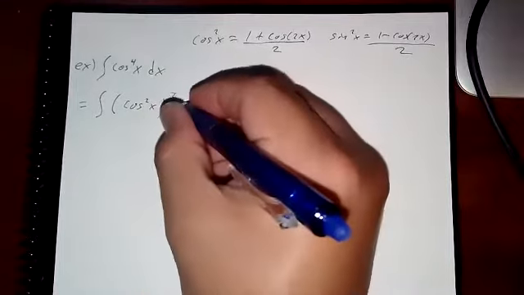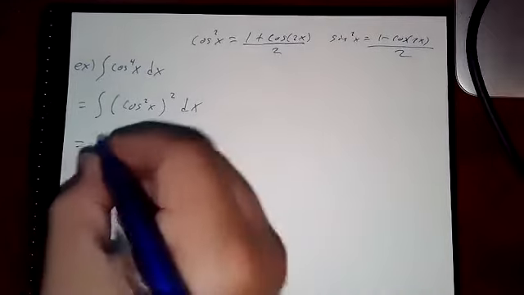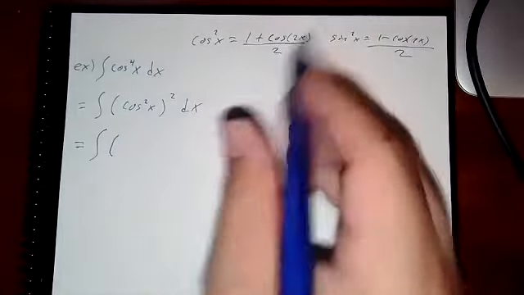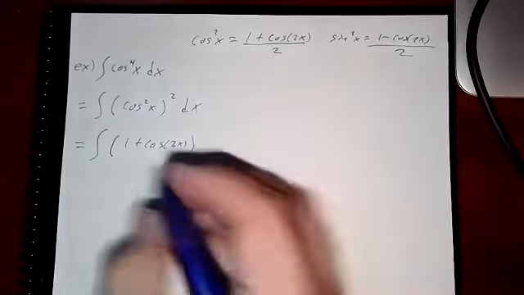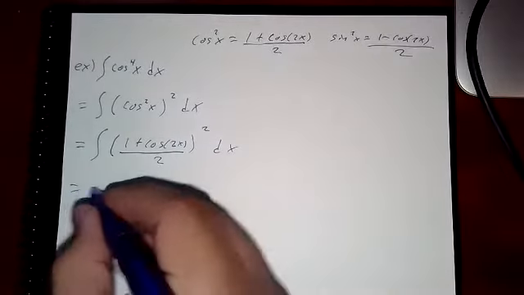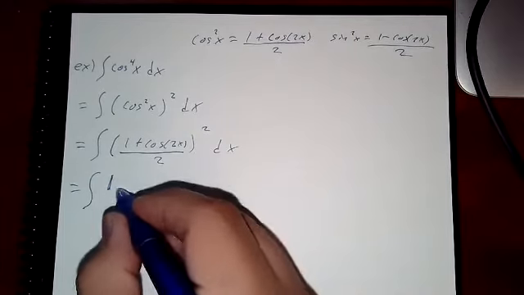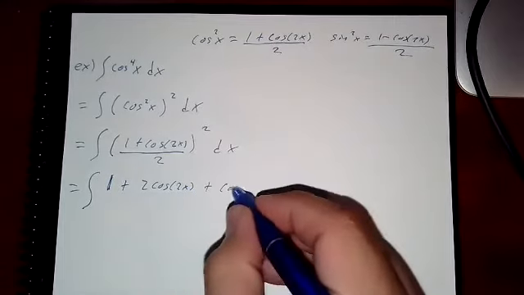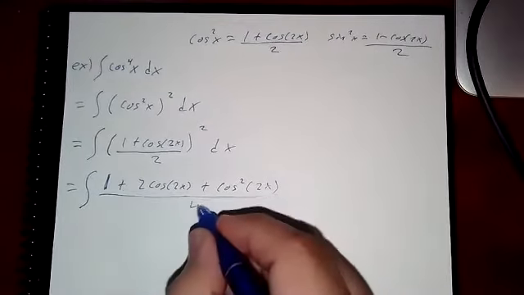Do you agree that this is the same, right? Cosine squared, squared. So the inside will become this guy, 1 plus cosine 2x over 2, squared. Then you have to FOIL this, which will be 1 plus 2 cosine 2x plus cosine squared 2x over 4 dx.